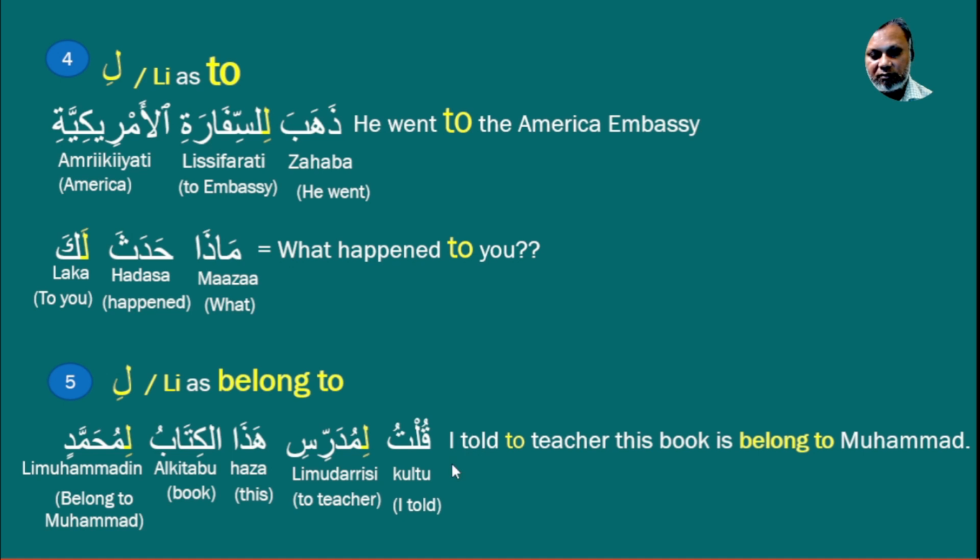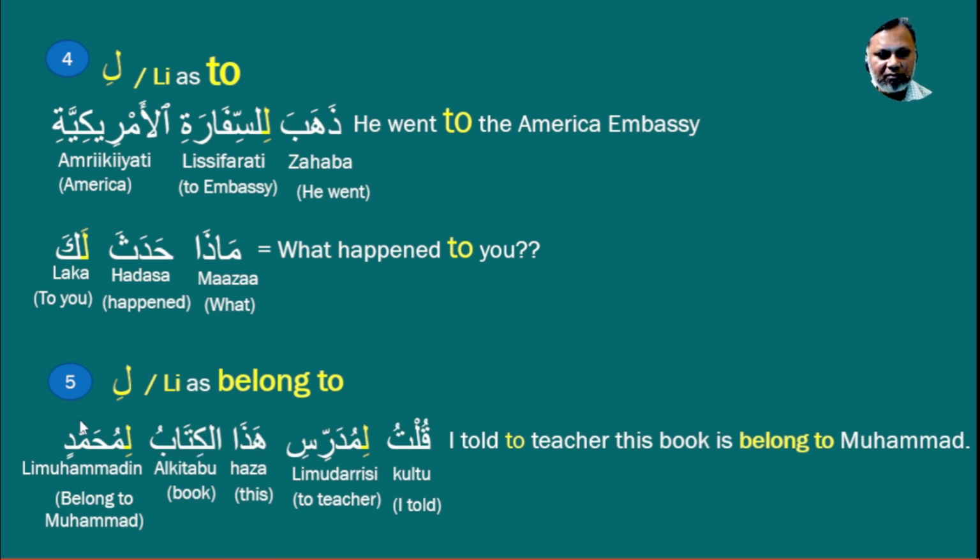The example: qultu li mudarrisi, hadha al kitabu li Muhammadin. Qultu means I told. Li mudarrisi, to the teacher. Mudarris means teacher. Qultu li mudarrisi, I told the teacher. This li is used as to. Hadha al kitabu, this book.